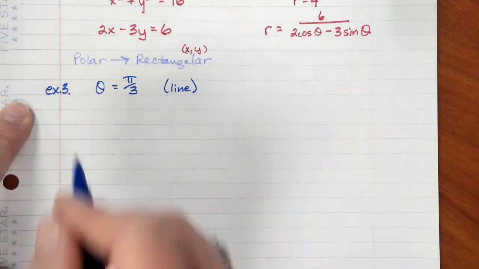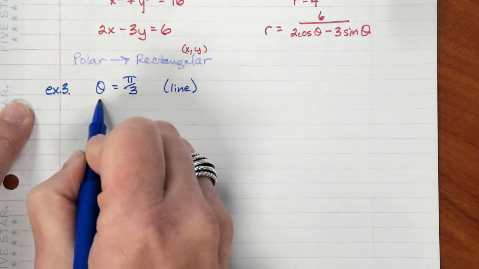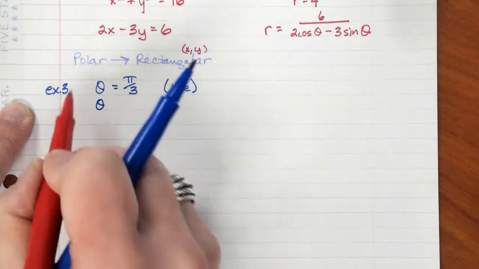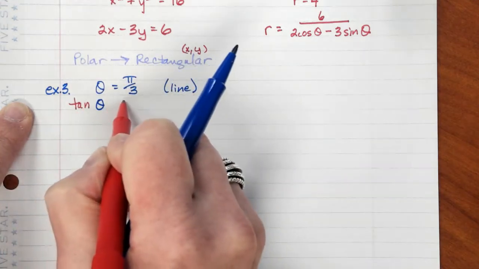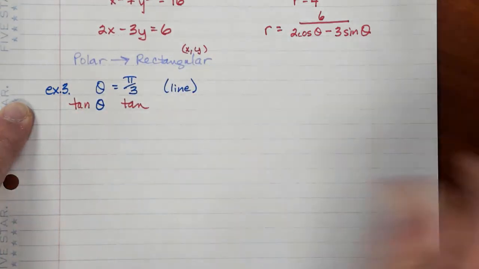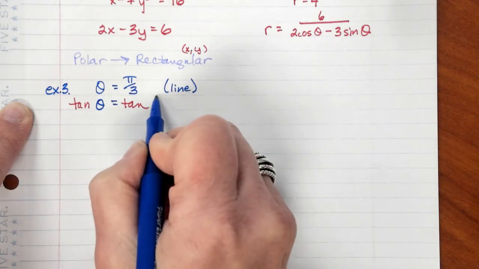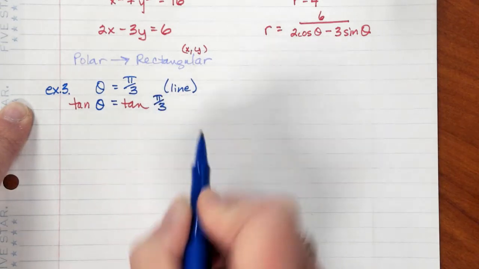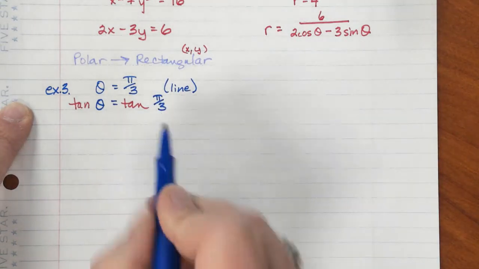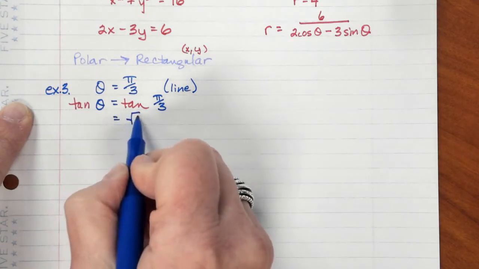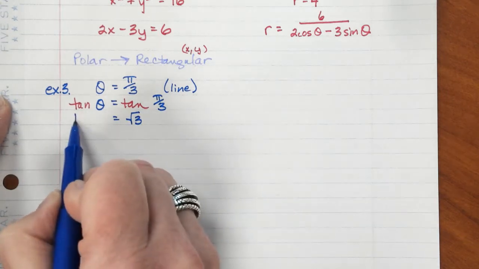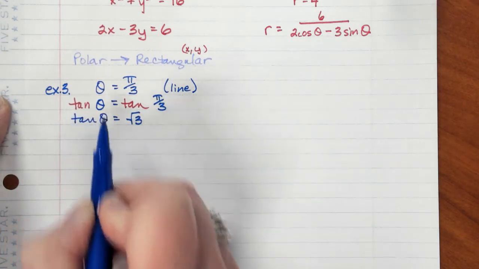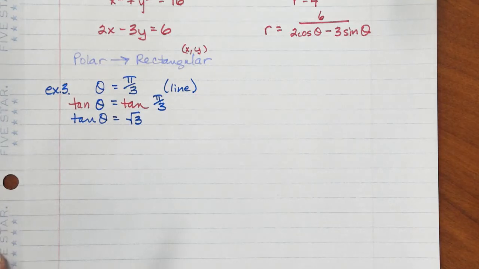So we're going to take tangent of both sides, and then the tangent of pi over 3. Well, you know what that is. 60 degrees, you know that that is square root of 3. And if you don't, you need to memorize those, especially the tangents. All right, and so I've got tangent of theta is square root of 3.